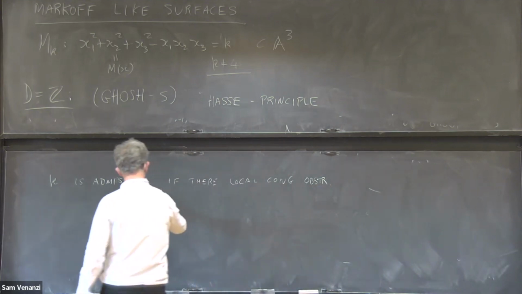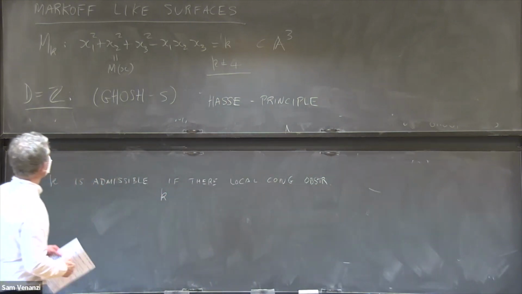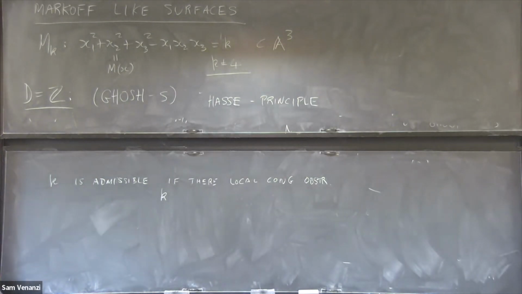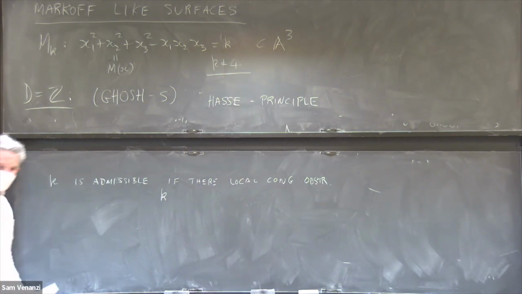I'll also assume K is not a sum of two squares. You can deal with a lot of it in that case, but of course, if K is a sum of two squares, you set one of the variables equal to 0. That's kind of a trivial reason that you have a point on the surface.